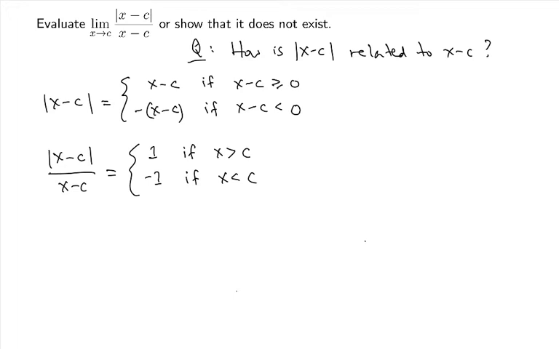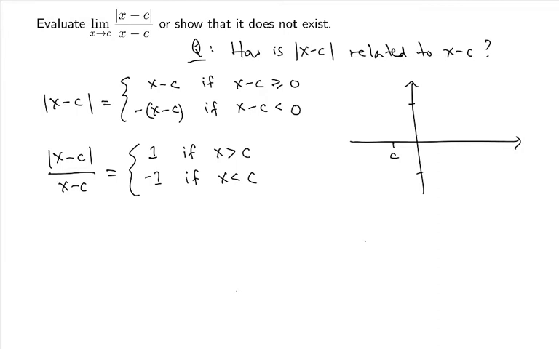At this point, we're in a position to graph our function, because we have a piecewise definition of it, and we know that it breaks up around x equal to c. We don't know what c is, so we're free to put it anywhere. I guess we can just assume it's negative, because why not. Our function takes on only two values, +1 and -1, so let's put those on our graph.